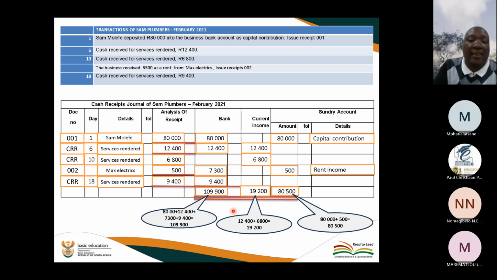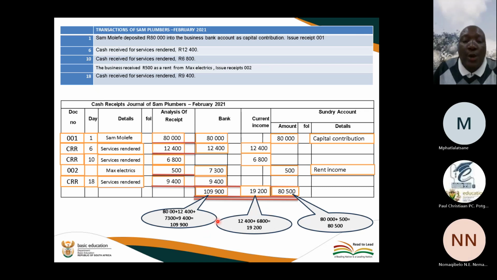Every time after reading the information, when they say close off the cash receipt journal, it means that you must write the totals after recording the transactions. So the purpose of this lesson today was to show you how we close off the cash receipt journal.